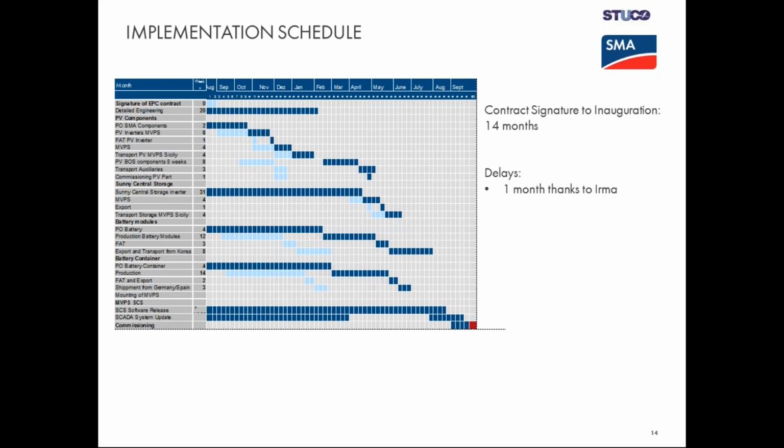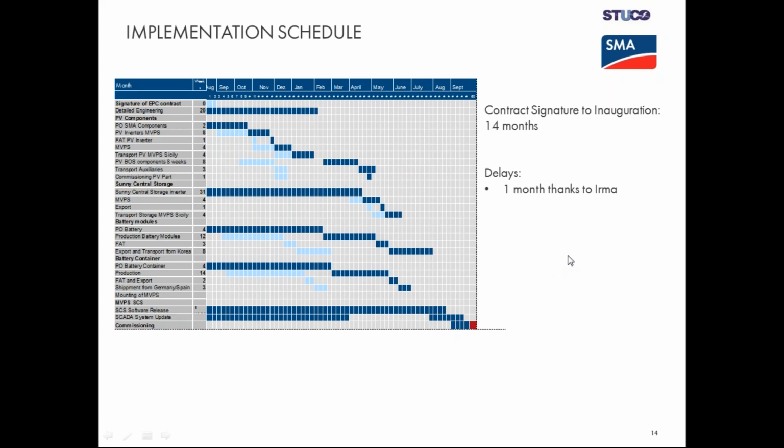And this 1 month delay was thanks to Irma. It took us exactly 4 weeks to reschedule the overall commissioning to come to the island. Not with public transport, I tell you, we found other ways, and it took us 4 days to get to the island. But we made it. And the slack you see between the blue colors is exactly what I was mentioning before.